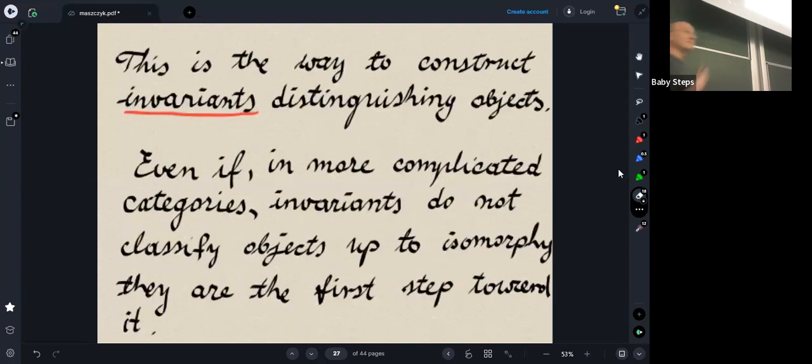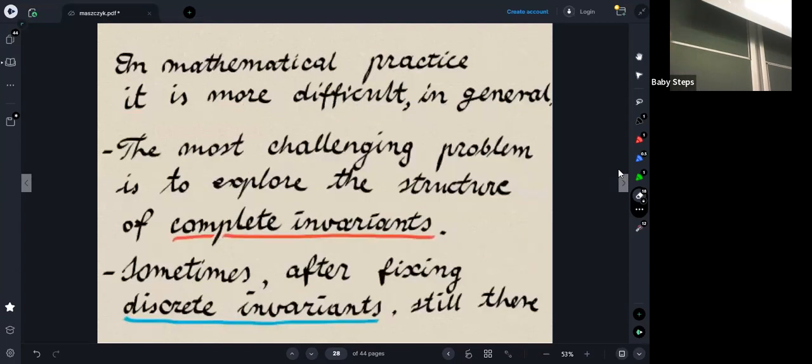So this is a quite powerful way to construct so-called invariants, which could be used to distinguish objects. And even if in more complicated categories, invariants are not enough to classify objects up to isomorphism, they are always the first step toward this path.